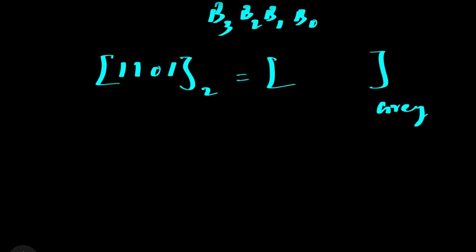Now we have to start. For gray code, for an understanding, consider G3 is equal to B3. It's simple, right? So what is B3 over here?